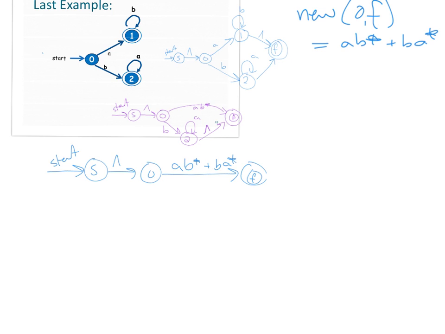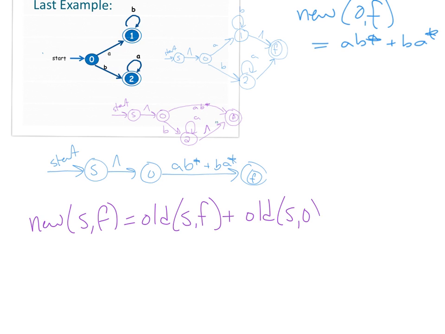And as you're going to guess, we're just going to get rid of that lambda, but we'll look at it anyway. So the new SF is the old SF plus the old S to 0 concatenated with the old 0, 0 star times the old 0 to f.